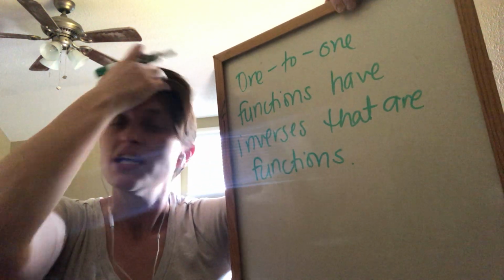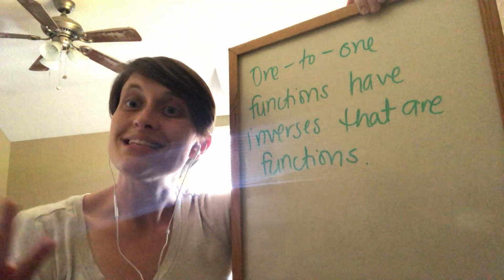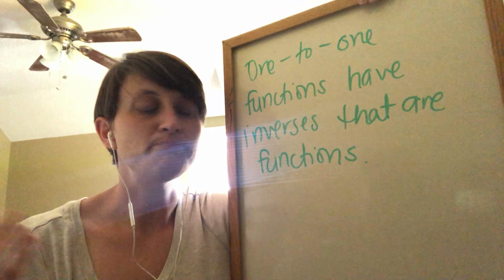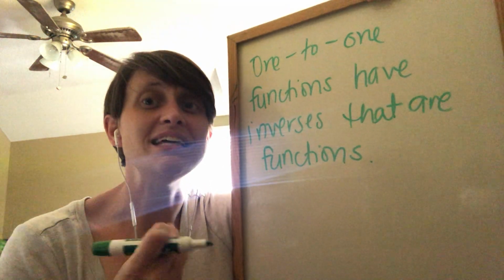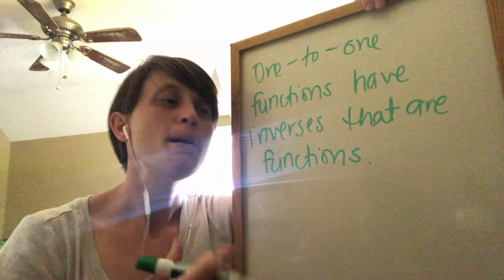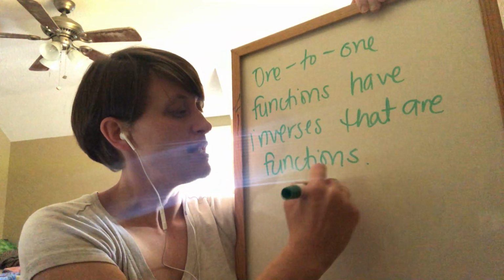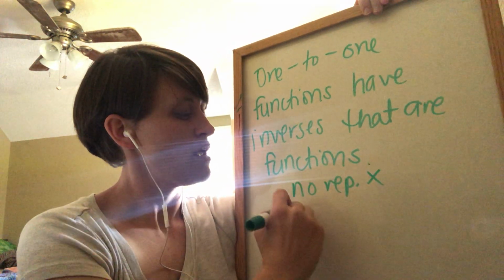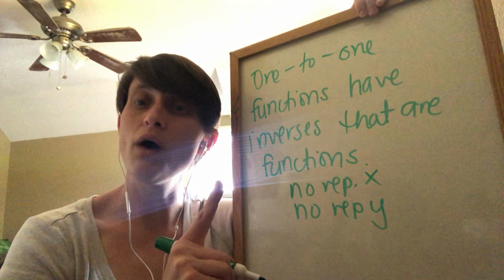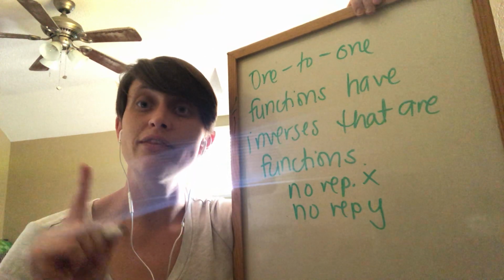So every function has an inverse relation. It's just that inverse isn't always a function. We're interested in finding the inverse function. So we're going to be working with functions that are one-to-one, meaning no repeating x, no repeating y. For every x, there's one y, and for every y, there's one x.